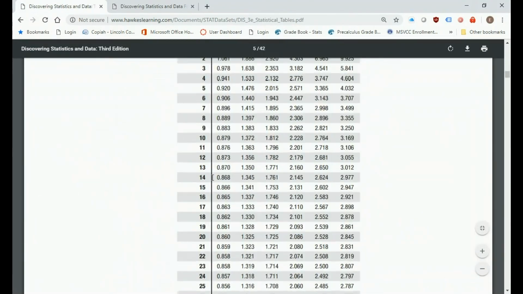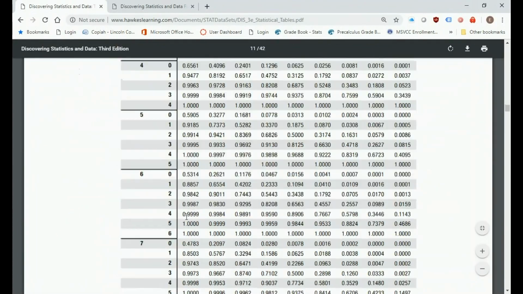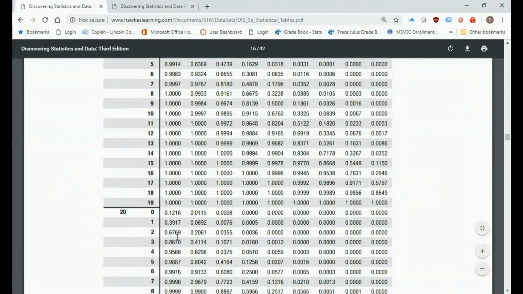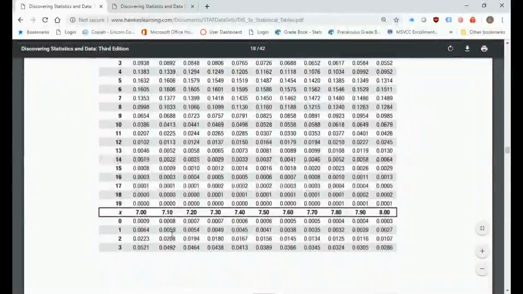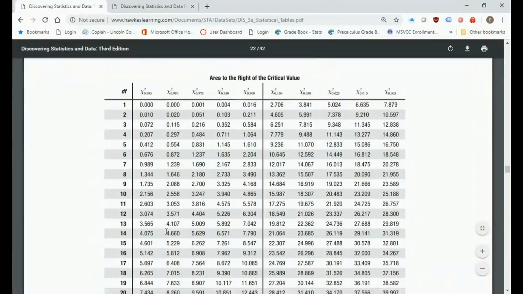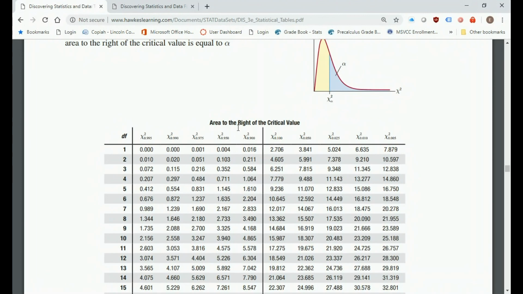If we scroll down here, got to get through table E. Table E is very long. So going to table G. Probably just could have pulled it up in the problem. But you can see here we have two sets, one on the left side and one on the right side, because this gives you the area to the right.